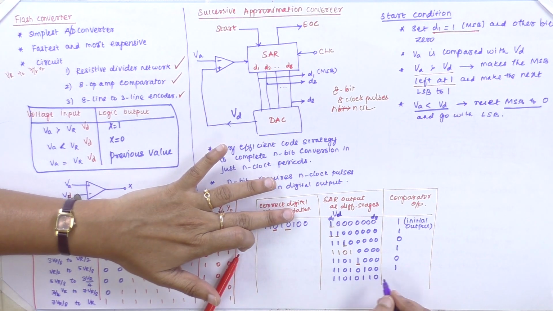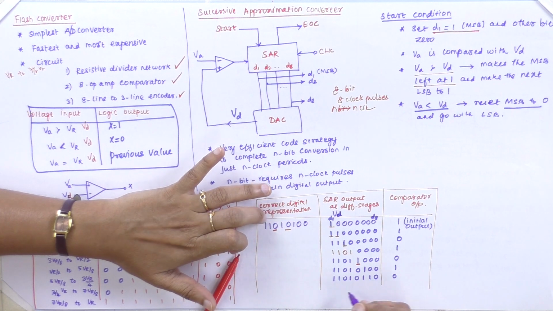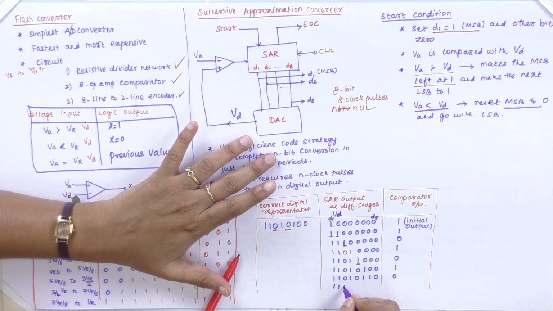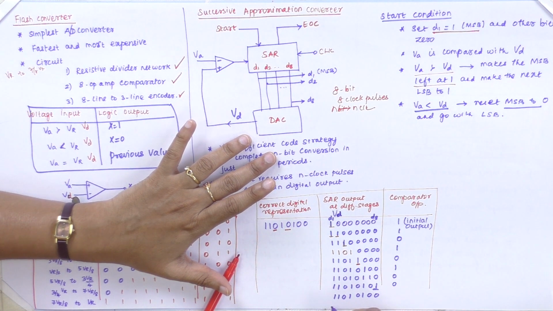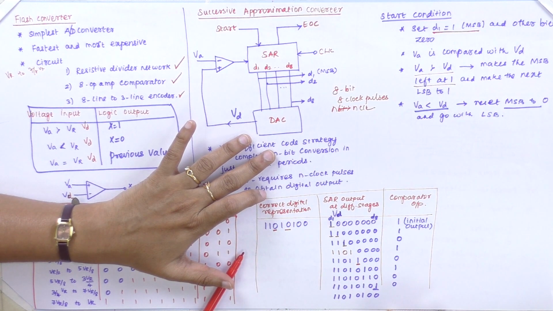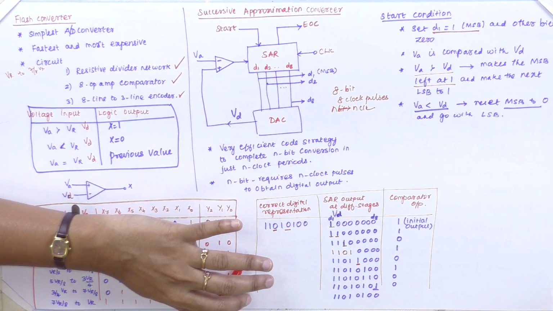So, now again the output will be 0. Then again you go for this 1 0 1, this should be maintained as 0 and this should be maintained as 1. Again it will be a 0 concept. So, I have to make this 0 0 1 0 1 0 0. So, now you will be getting a correct digital representation in this condition.